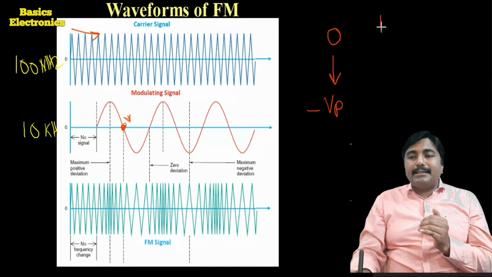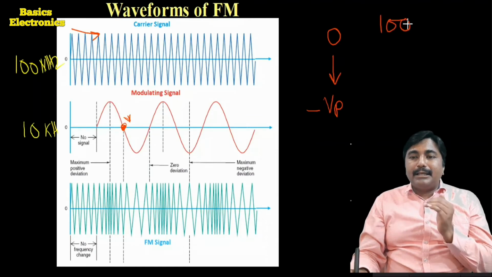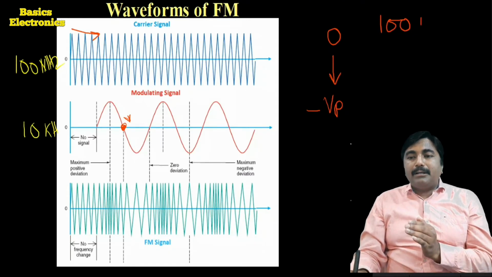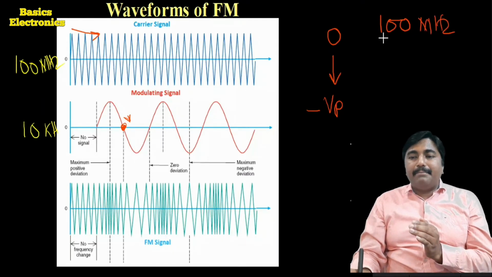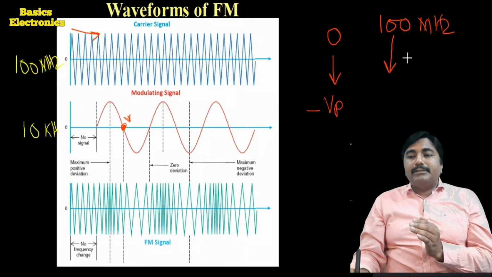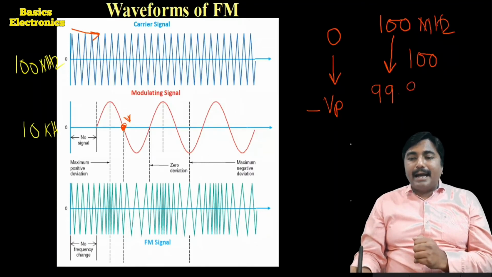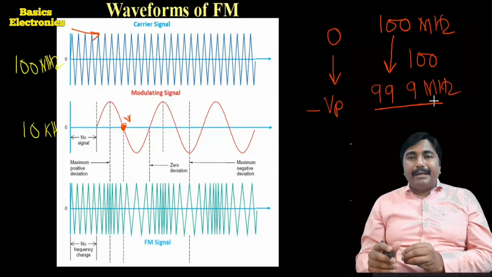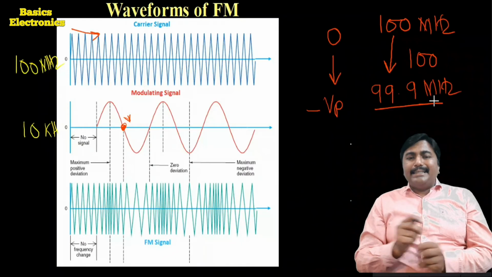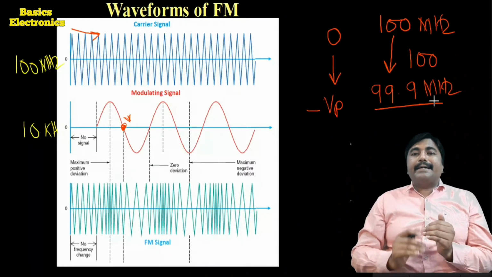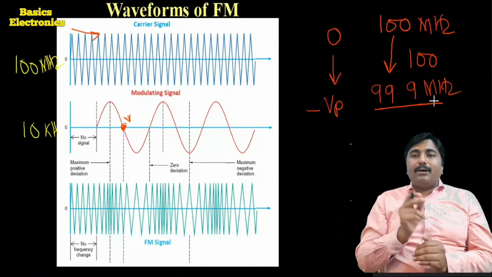So the frequency of the FM signal also starts decreasing from 100 megahertz towards the frequency deviation of 100 kilohertz, means we get 99.9 megahertz.